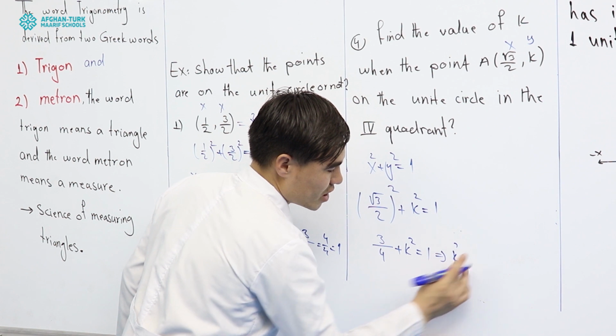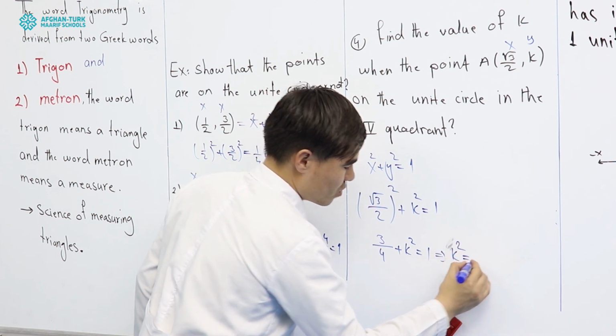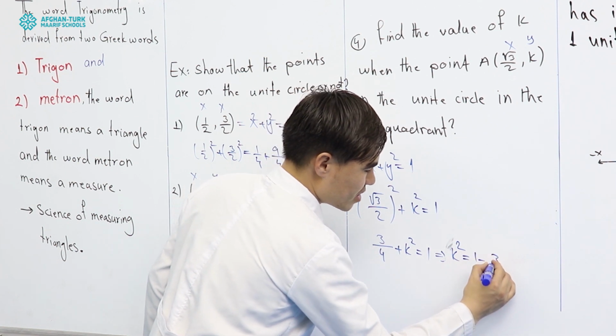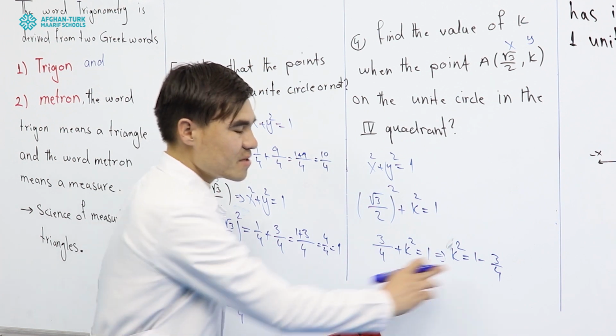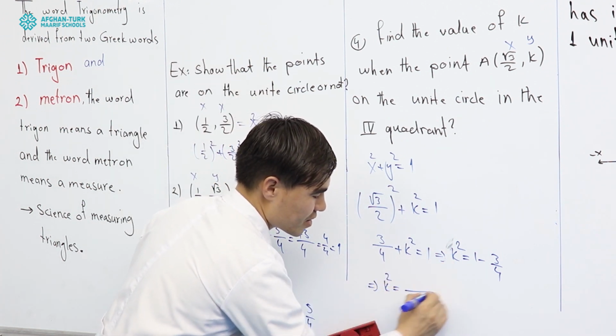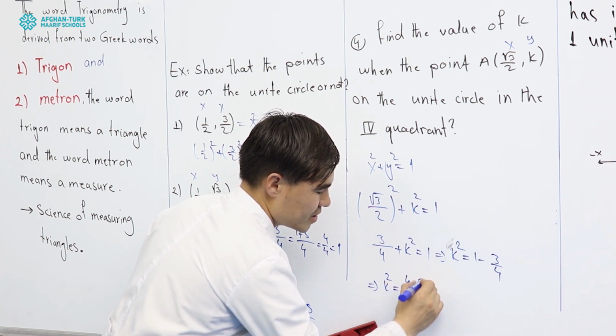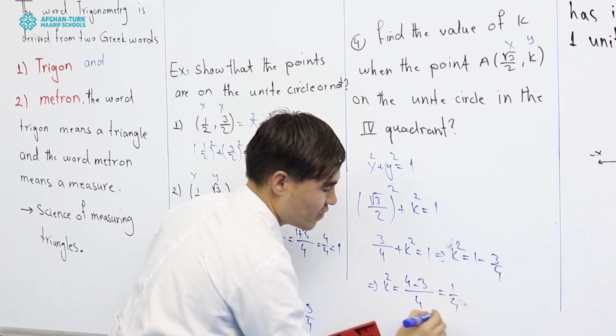Here, k squared is equal to 1 minus 3 over 4. If I simplify this, k squared is equal to 4 minus 3 over 4, which is 1 over 4.